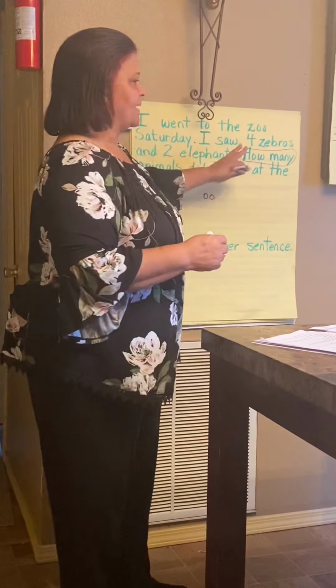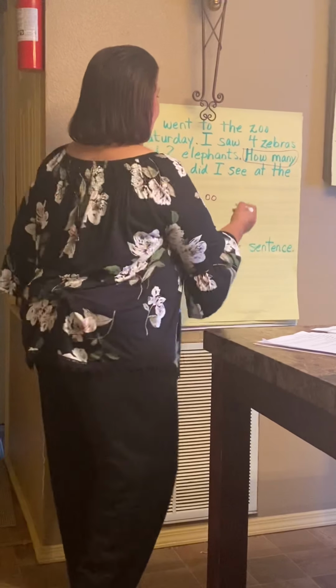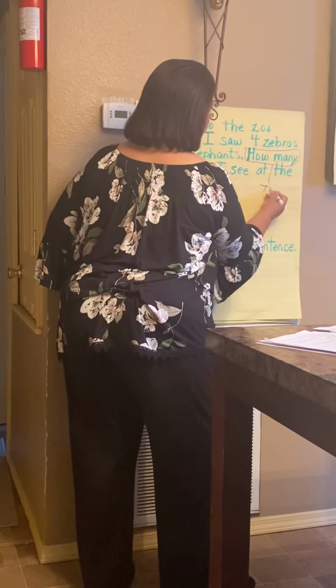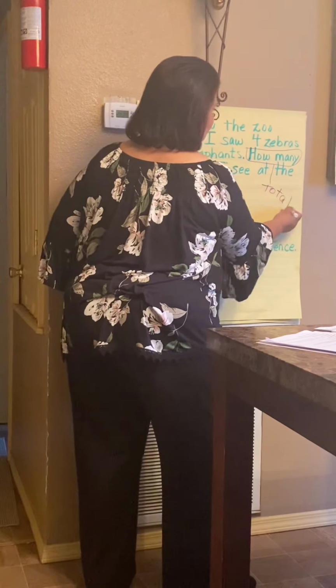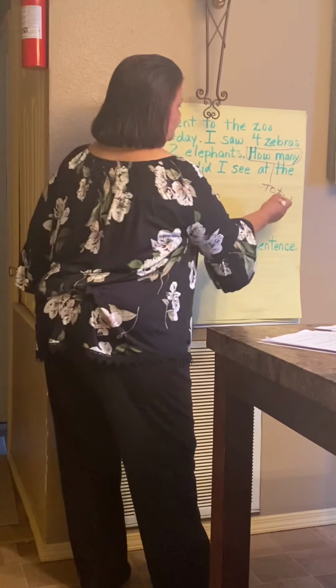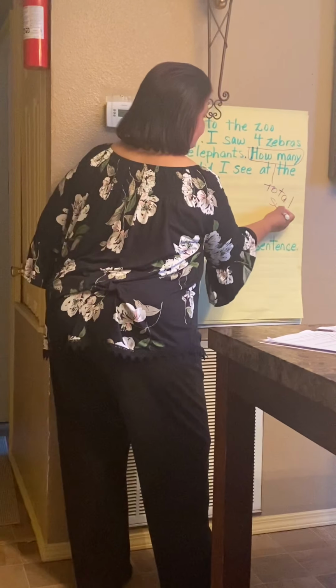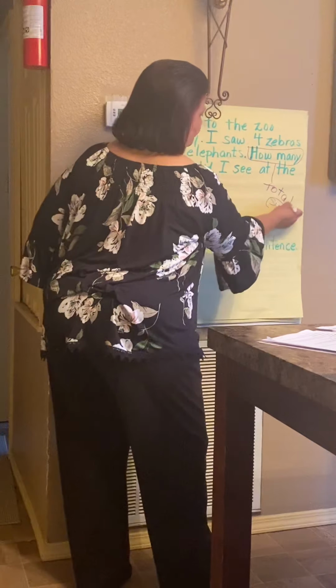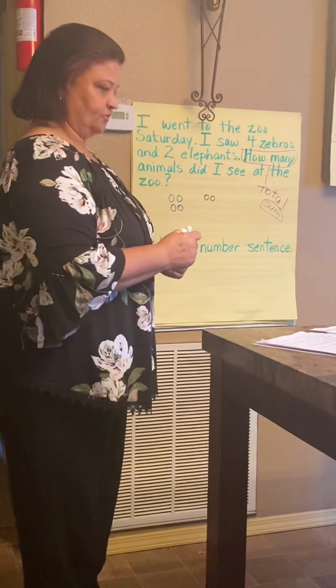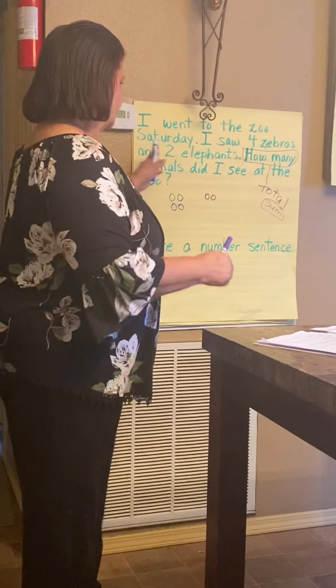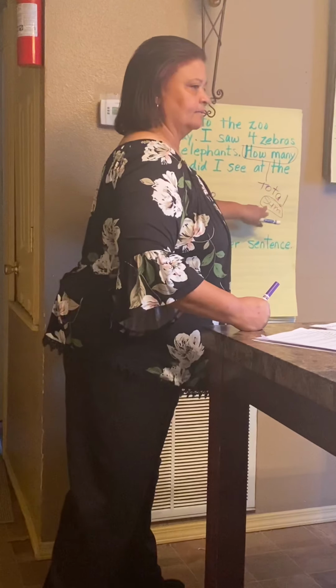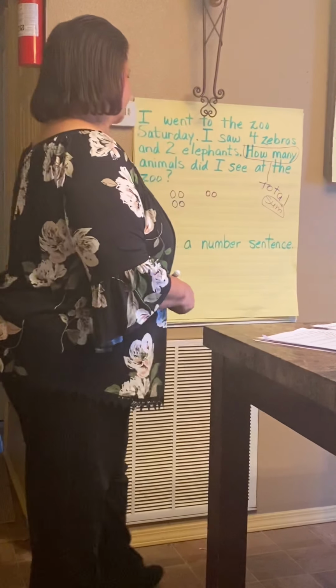When the problem asks how many, it automatically asks for the total. Another word for total is sum. When you add 2 numbers together, you get the total, which is the same as the sum.